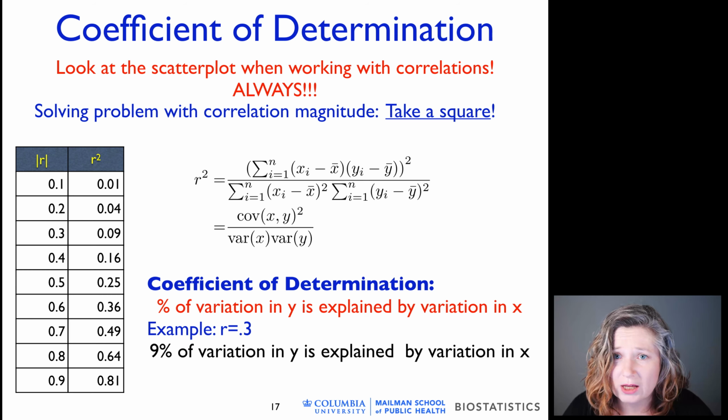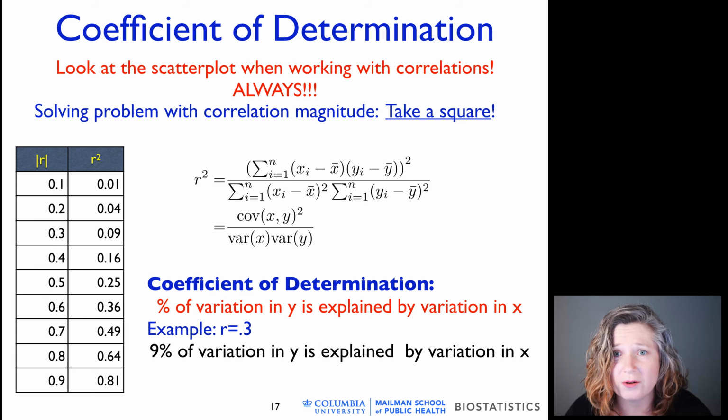So what we can say is our subjects have different outcomes. For instance, the outcome will be weight. Our subjects have different weights. And if I square the correlation, that is the proportion of differences in weights that can be explained by the subjects' differences in height.